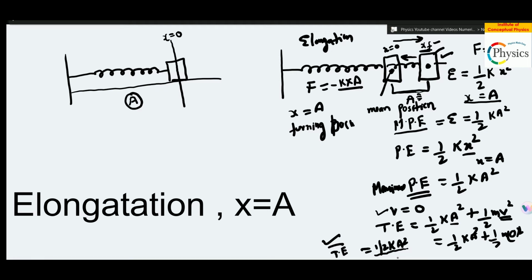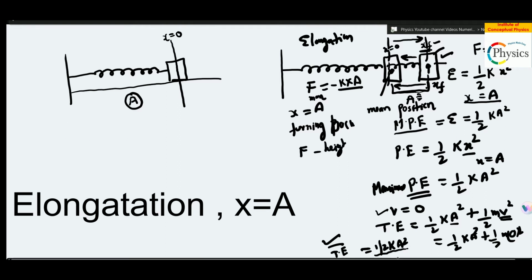You are here, at this point, which is your final position. You want to turn back because the restoring force is so high. You want to go back to the initial equilibrium state. This is your equilibrium state, and this is when you're pulled maximum, so your force is highest. This is maximum force. If you elongate a spring by an amount A, the force is highest.